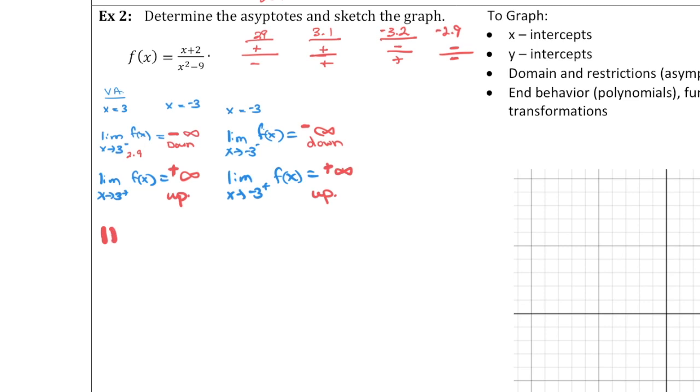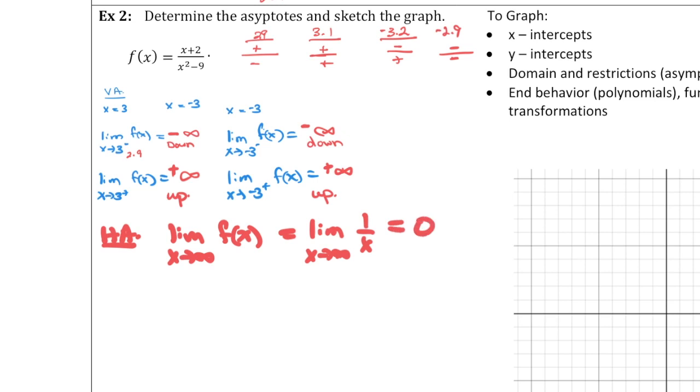So for your horizontal asymptote, we know we're going to take the limit as x approaches infinity for f of x. Now, fortunately, the 2 over 9 will cancel, and we're left with x over x squared, or essentially the limit as x goes to infinity of 1 over x, and that is 0. So we have a horizontal asymptote at x equals 0.